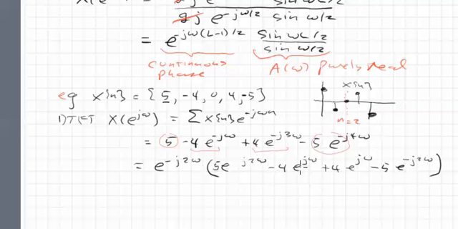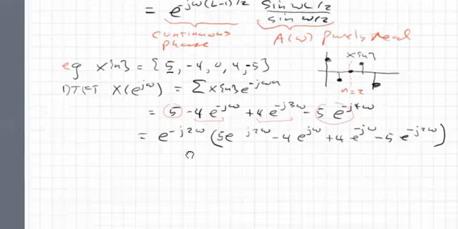This times that should give us e to the minus j omega, and it does. This times this term should give us e to the minus j3 omega, and it would if I put a minus sign there. And this times that should give us e to the minus j4 omega, and it does, because we got minus 2 omega there and minus 2 omega there. All right, so we're almost done with this.